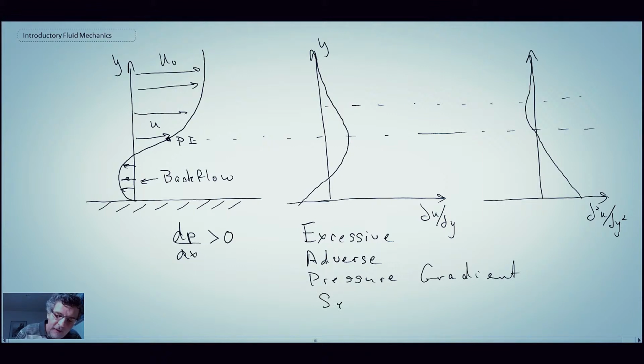And this is also a separated flow region. And you can even see that we have backflow, and consequently tau wall is less than 0. So we have a negative slope at the wall. So that is the evolution of the pressure gradient.